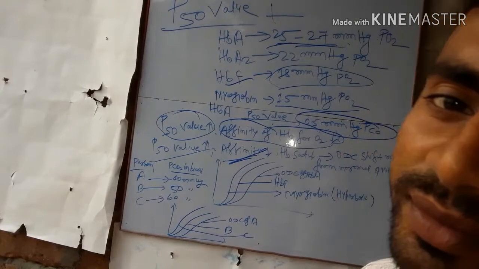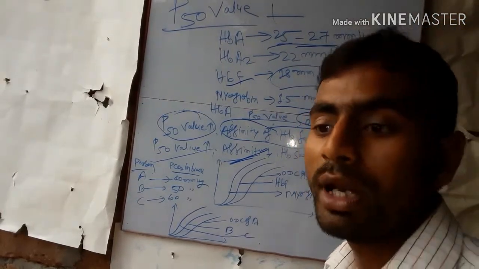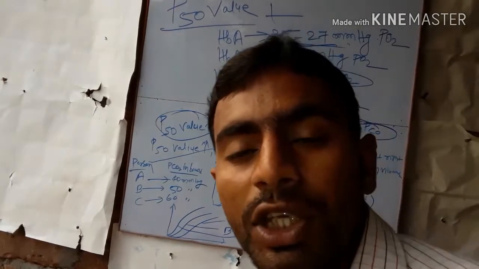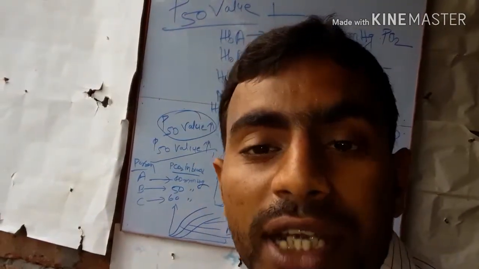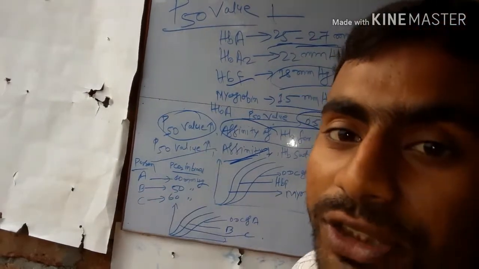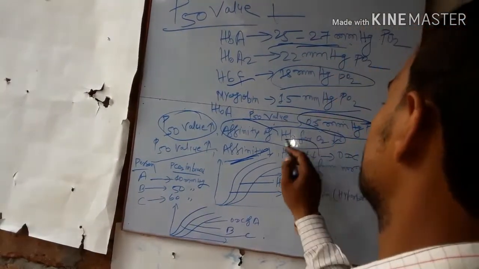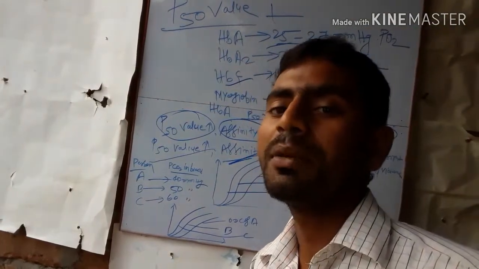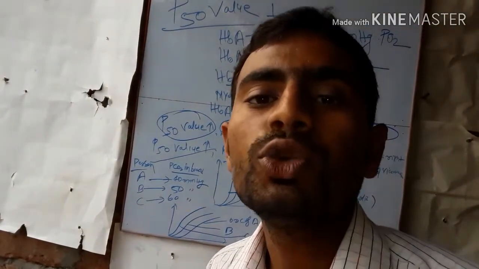Then what happens when the affinity of hemoglobin for O2 decreases? Then hemoglobin saturation decreases, because hemoglobin saturation is the binding of oxygen to hemoglobin.